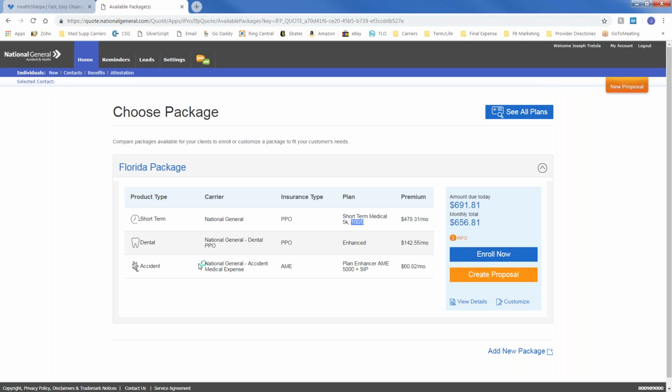The second thing that pops up automatically is something that you want to always include with all of your sales. This is what we call the gap insurance. It has three components: accident and medical expense, critical illness, and hospitalization.